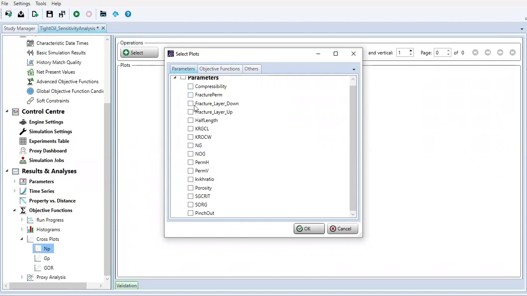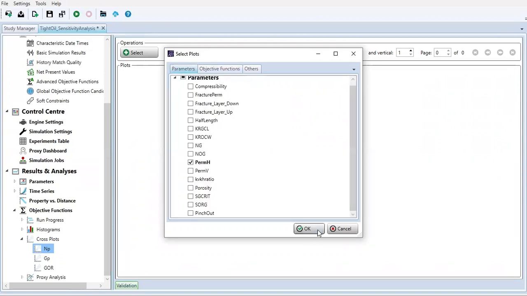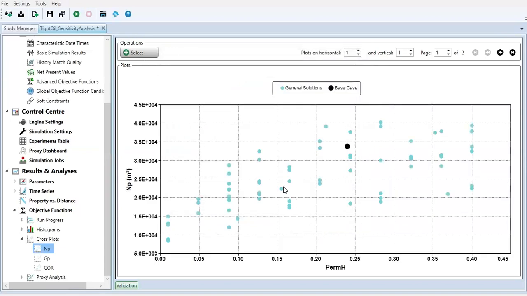So for example, I want to know the influence of my horizontal permeability on the cumulative oil production as the objective function. All right, beautiful. So now I know that if we have higher horizontal permeability, then generally we will have higher cumulative oil production.